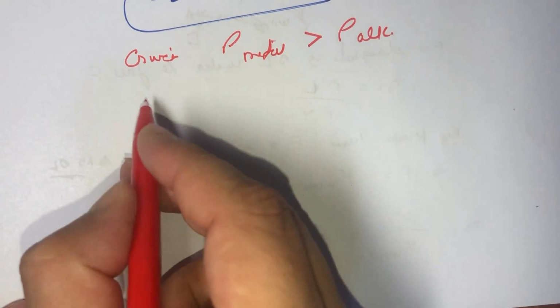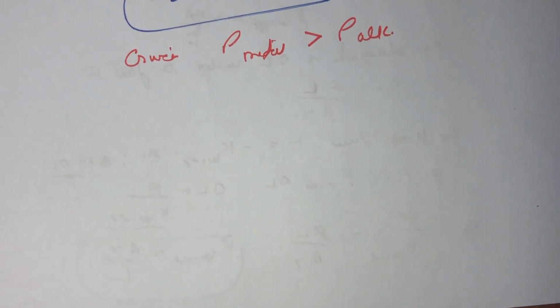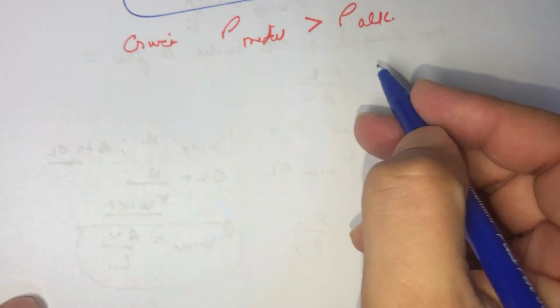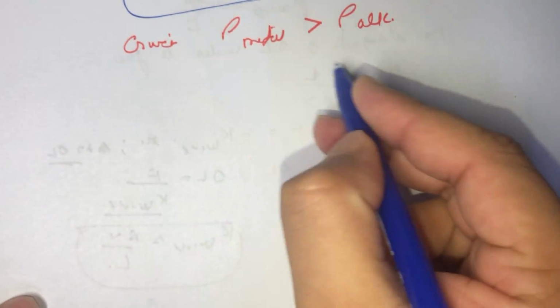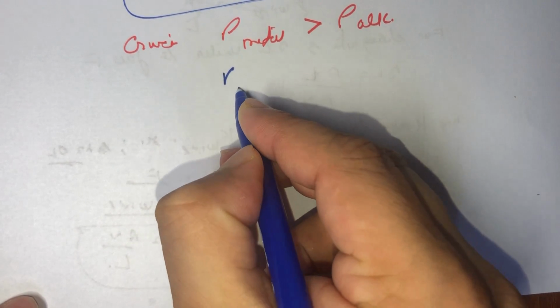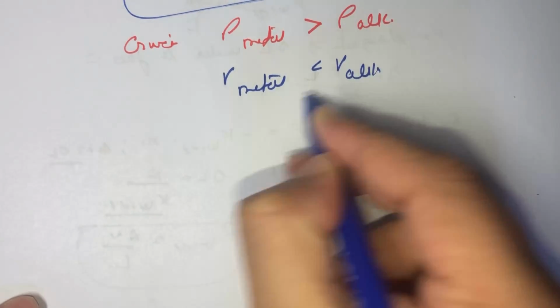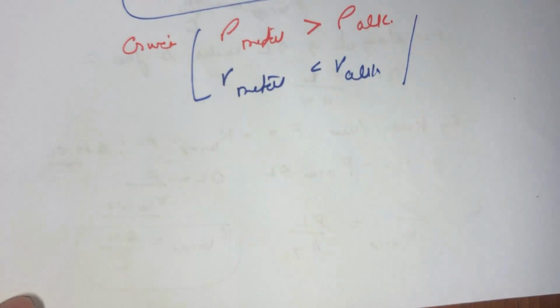And also it is given that the coefficient of cubical expansion, that is gamma metal, is less than gamma alcohol. So these two terms are given.